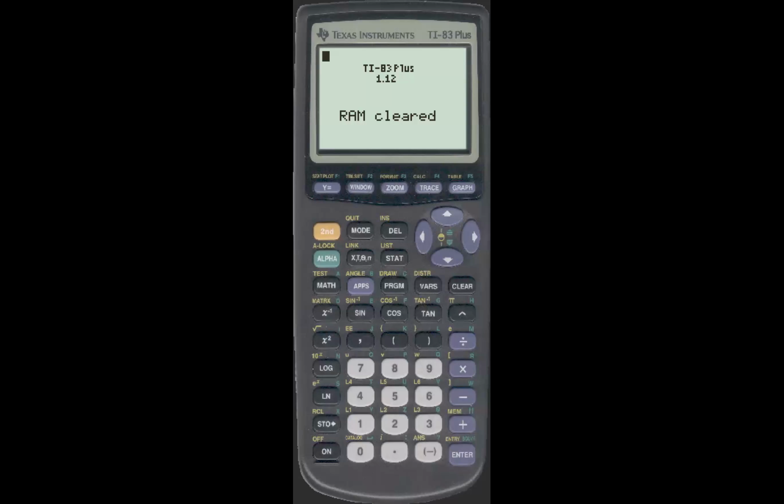Okay, so you're going to go to the usual place: stat, edit. And if you've got stuff in your list, as a reminder, you go up to whatever list you have stuff in, and then hit clear, and then enter. It'll clear it out. We're just entering the data here: L1 is 2, 5, 4, 3, 6.